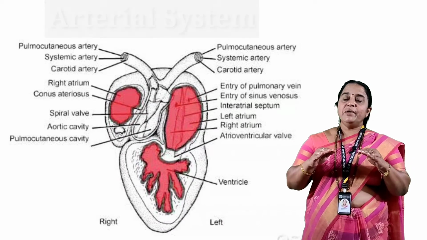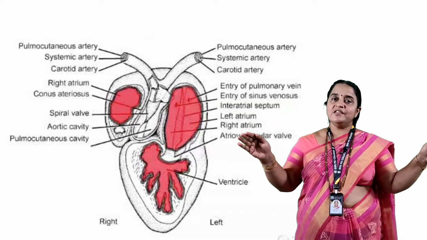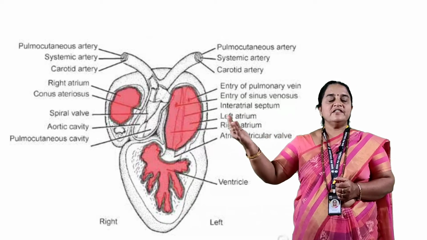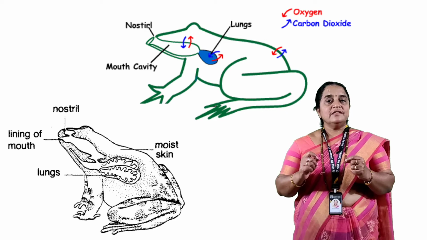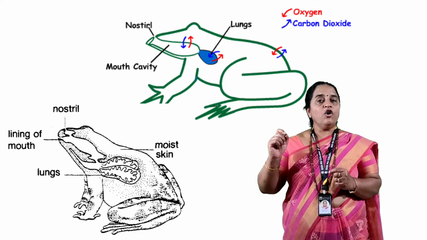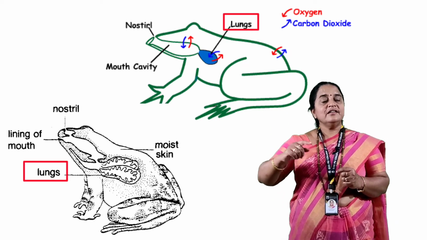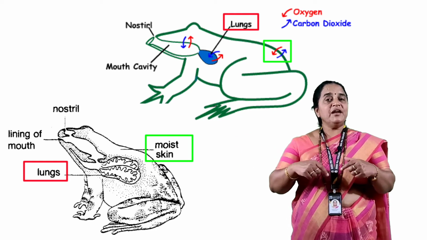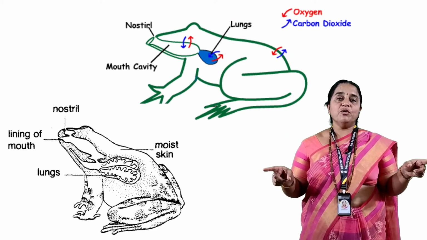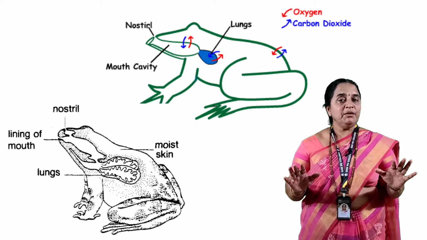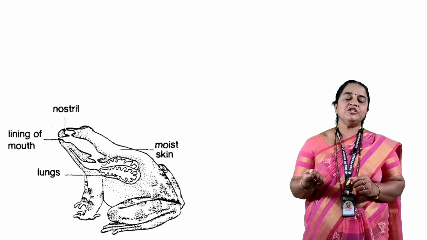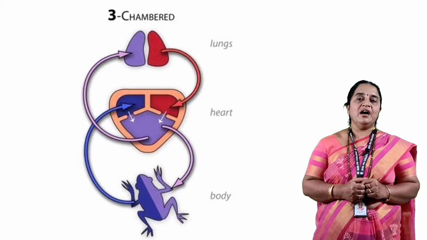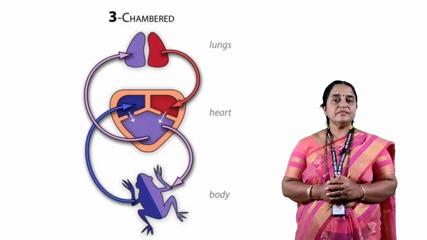When this mixed blood is flowing below the skin, gaseous exchange occurs. So frog is sufficiently getting oxygen via lungs and via skin. Though the mixed blood is circulating throughout the body, frog doesn't have any problem. This is an adaptation because of the three-chambered heart observed in the frog.